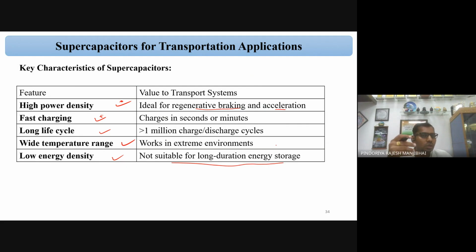Suppose you want quick energy storage, then we can use supercapacitors. Okay, so these are the key characteristics of the supercapacitor.